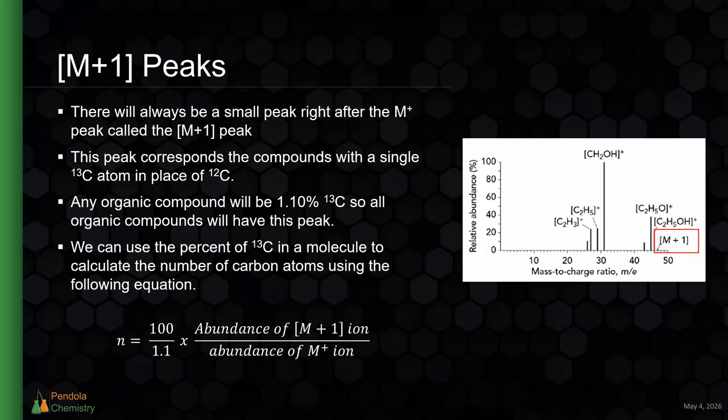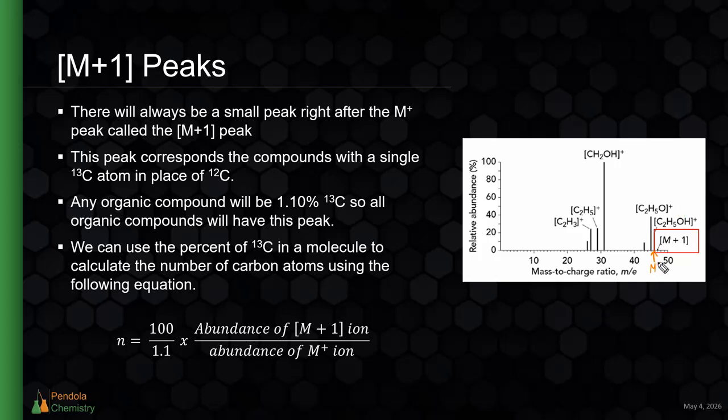The M plus peak is right here at, I believe, 46, or 45, around there. I think it's 46. And then right next to it at 47, so this right here is 46. At 47, we have another peak. Oops, I put those in the wrong place.